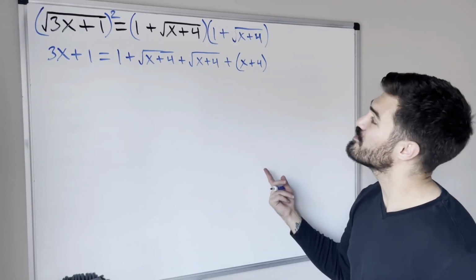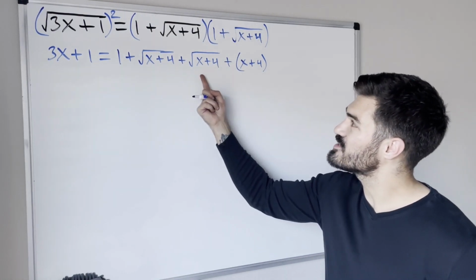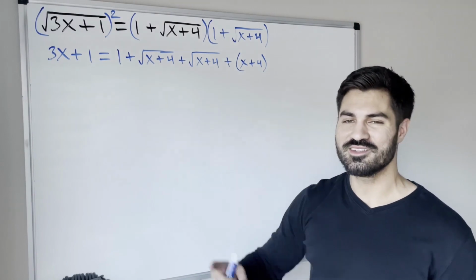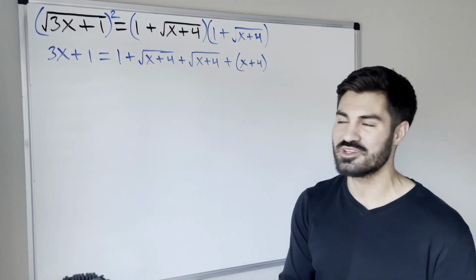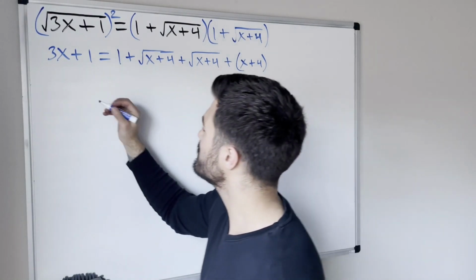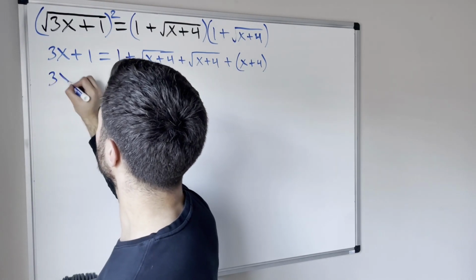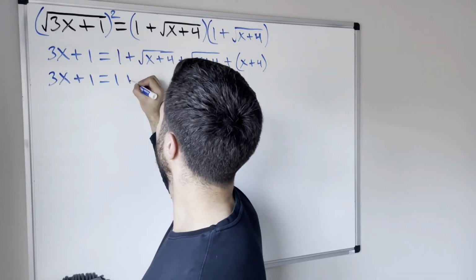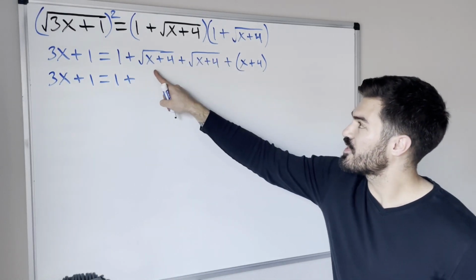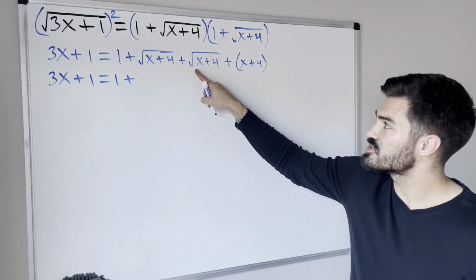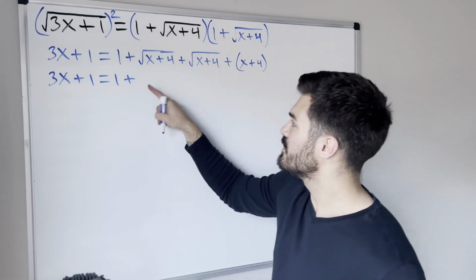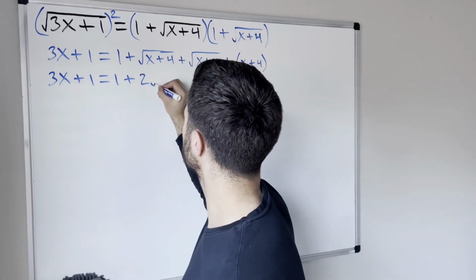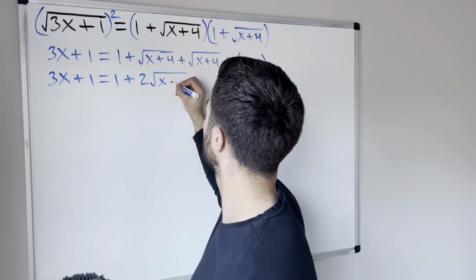So now what we have is a couple of like terms that we can actually combine. This is a little bit tricky. It's always hard to see at first, right? Let me show you what I mean. Let me start copying this down first. I'll just leave the left-hand side alone for now. Square root of x plus 4 plus square root of x plus 4 is 2 times the square root of x plus 4, right?